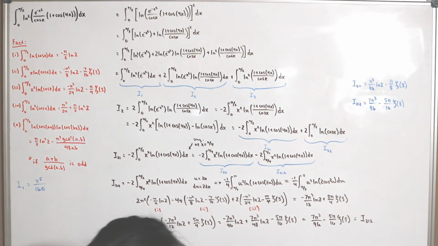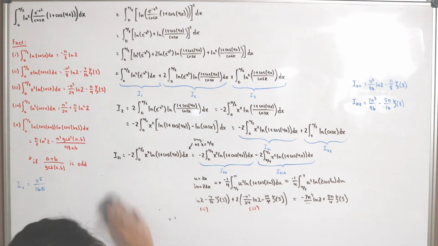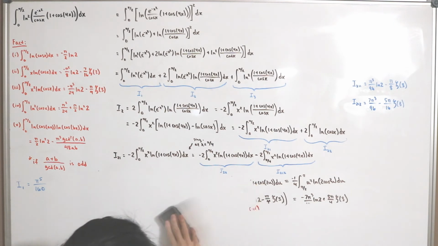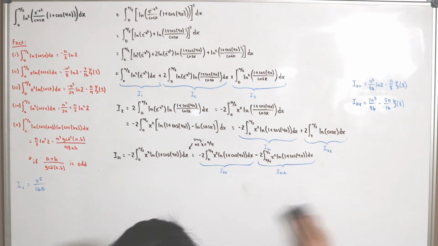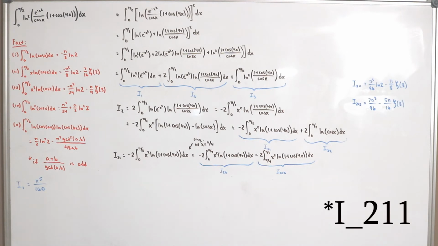And now all that's left, because we have the following pieces: we have our I sub 21 and our I sub 212. That's what I meant to say.